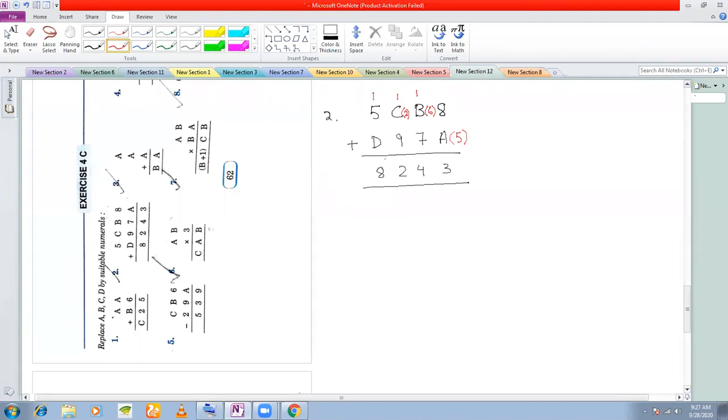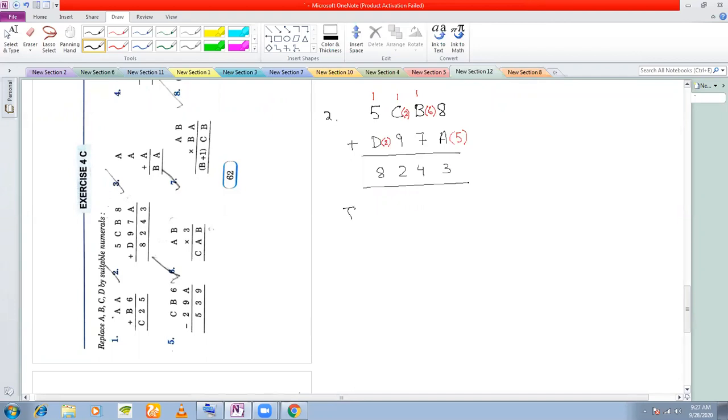Okay. Next, 5 plus 1, 6. 6 plus a single digit will give you 8. How? If I take D is equal to 2. So therefore, this all clicks. Everything falls in the right place. So therefore, I don't need to try any other value.